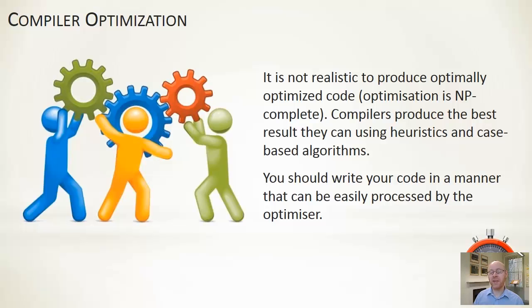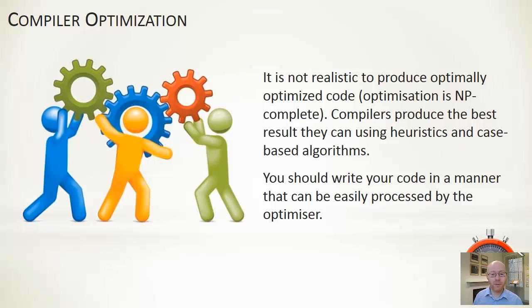Now, what this means is that we need to make sure that we write our code in a way that the optimizer will be encountering structures that map onto the heuristics that it uses, that is, that it sees in a way that it can make sense of.